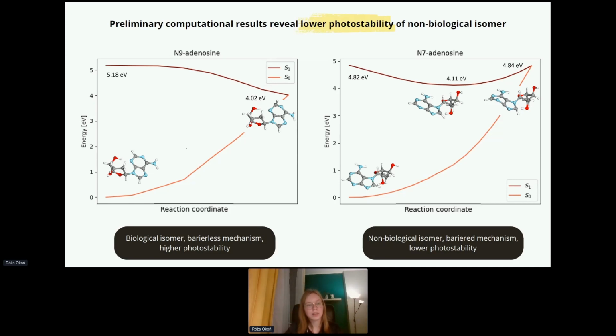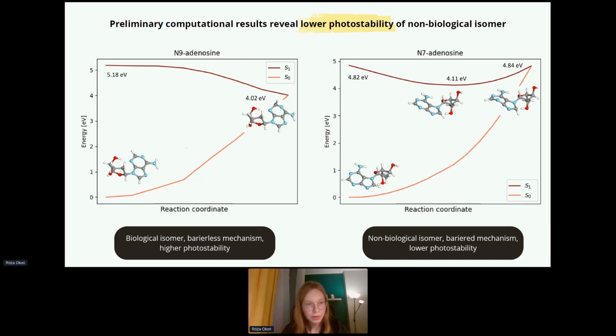These are plots of the energy of a molecule changing through some chemical reaction, a photochemical reaction, precisely speaking, which allows the system to relax its excess energy after excitation by returning to the ground state.